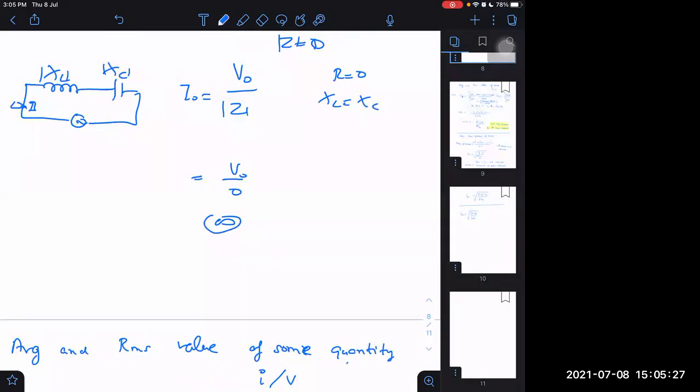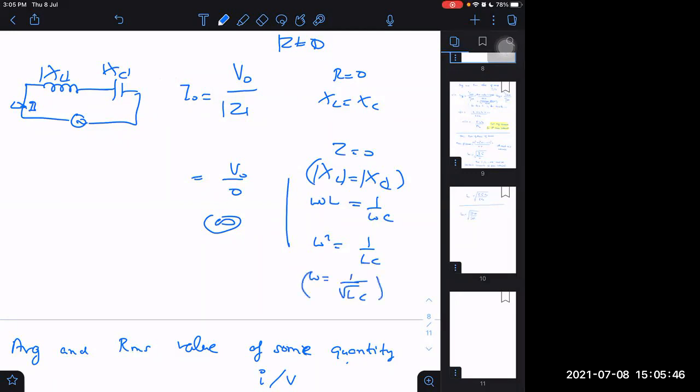Do you want to see whether it is resonance or not? Let us check once. Omega L is equal to 1 by omega C. Omega square is equal to 1 by LC, right? Why did I write this? To make Z 0, I have to take XL equal to XC, omega L equal to 1 by omega C, omega square equal to 1 by LC. So omega becomes equal to 1 by root LC. In the morning, you remember I discussed this and I did a completely different analysis at that time.